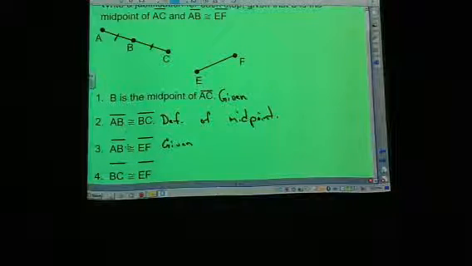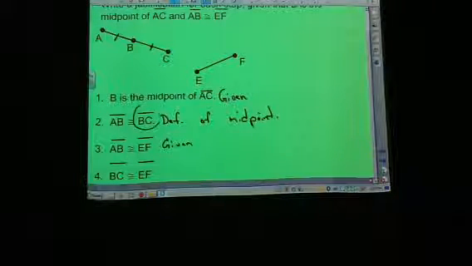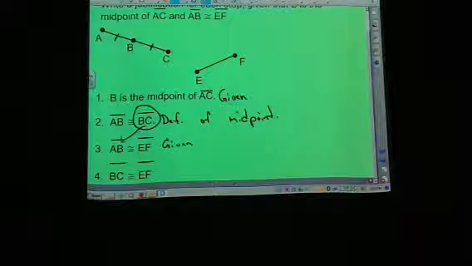Alright, and then I think we've got a step 4 here. And let's see, they've got a BC, which is kind of like an equals here. So they're making this statement here, they're just replacing it, it looks like, with the BC. So when they take something and plug it in for something else, that's substitution again.